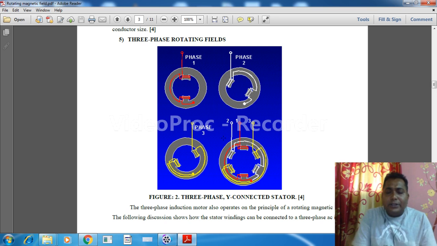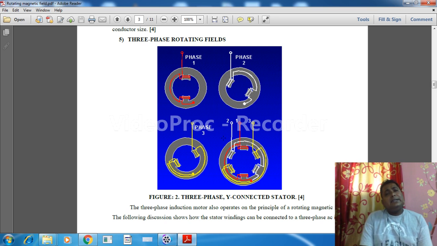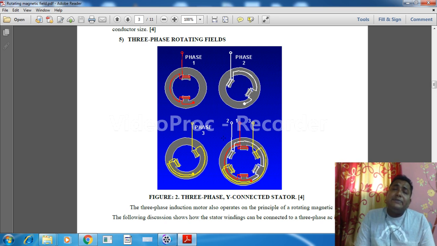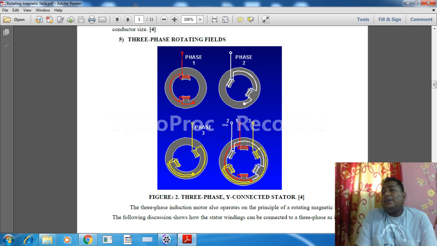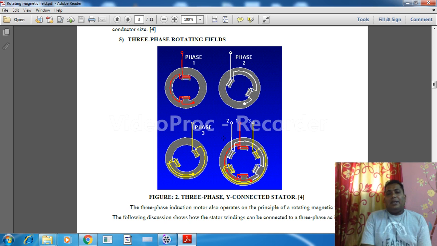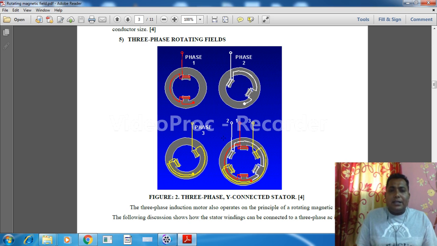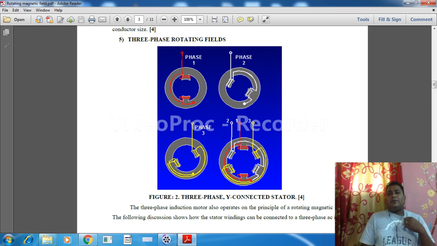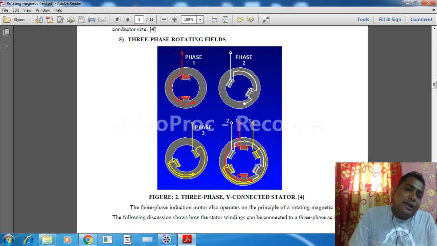Here for simple understanding we have considered one wire for each phase, but in a real motor we have thousands of wires in each phase. So the visualization of the concept is like this: the three phase balanced supply is given in a three phase induction motor, and all are shifted from each other by an angle of 120 degrees.